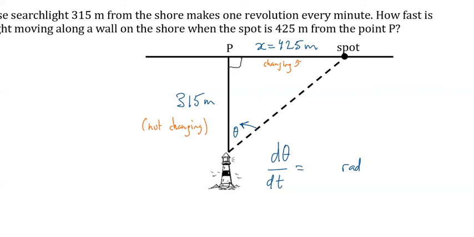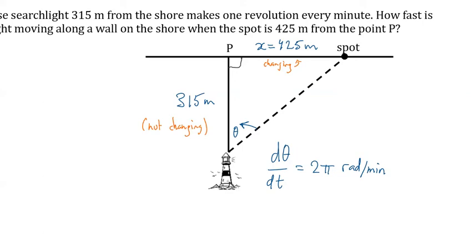And what is 1 revolution per minute? Two pi, very good. 1 full circle, right? Which we know are 360 degrees, which is 2 pi radians. So our rotational speed in this case is 2 pi radians.